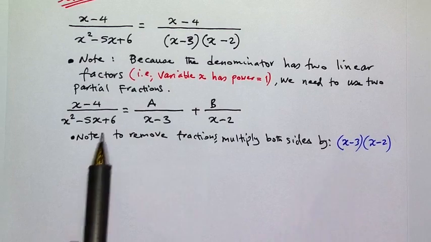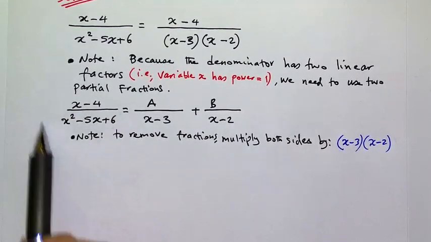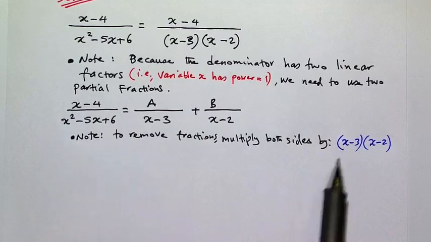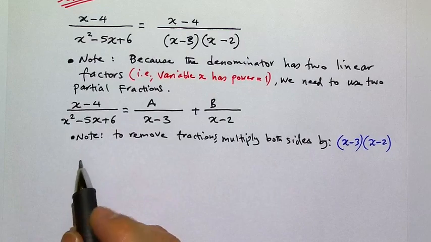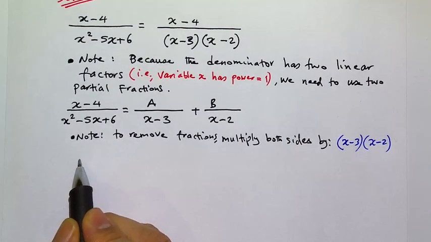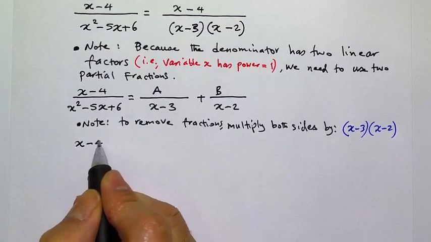Okay, so if you do that, you know that is a factorization of this denominator, and if you multiply this fraction by that, that will cancel with these, so you end up with just x minus 4 on the left side, right? So let's write that down here, x minus 4.